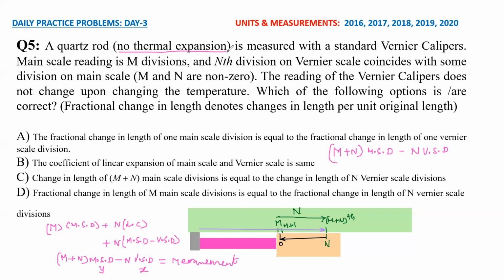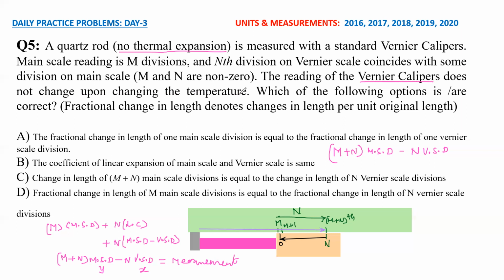So the actual length of the quartz rod remains constant, and it is given that the reading of the vernier calipers should not change upon changing temperature. It means that whatever reading we take once, the same measurement we should get all the time, which implies that the measurement also should not change.